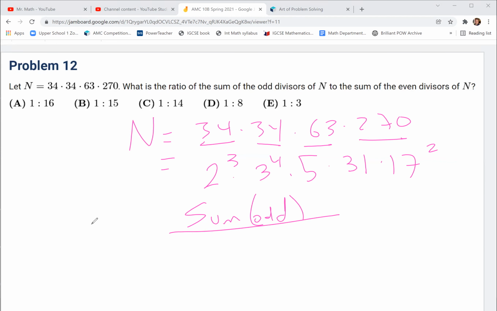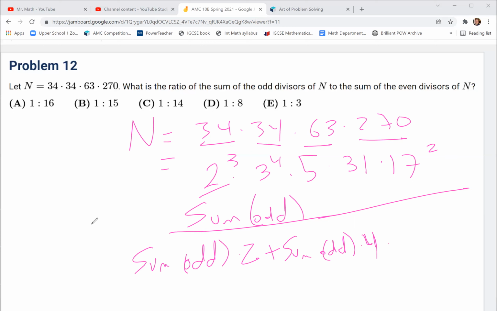So one part of the even sum will be the odd sum times 2, right? But we can also multiply all the odd divisors by 4, so we can add the odd sum times 4. And remember, we also have 8 because we have 2 cubed, so we can also add the odd sum times 8.